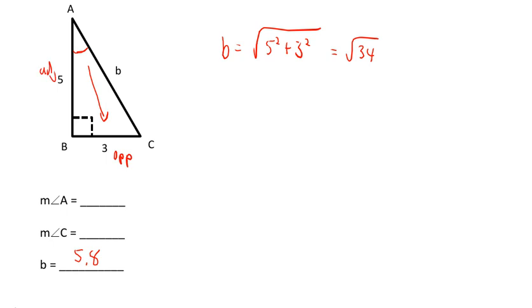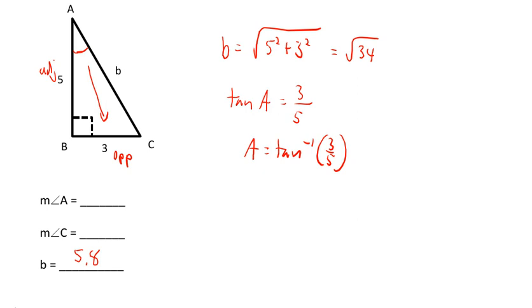Tangent of angle A equals 3/5. A equals the inverse tangent of 3/5. And some people look at this as taking the inverse tangent of both sides. On the left side, inverse tangent cancels out tangent. On the right side, I get inverse tangent of 3/5. We're rewriting it any way you look at it.